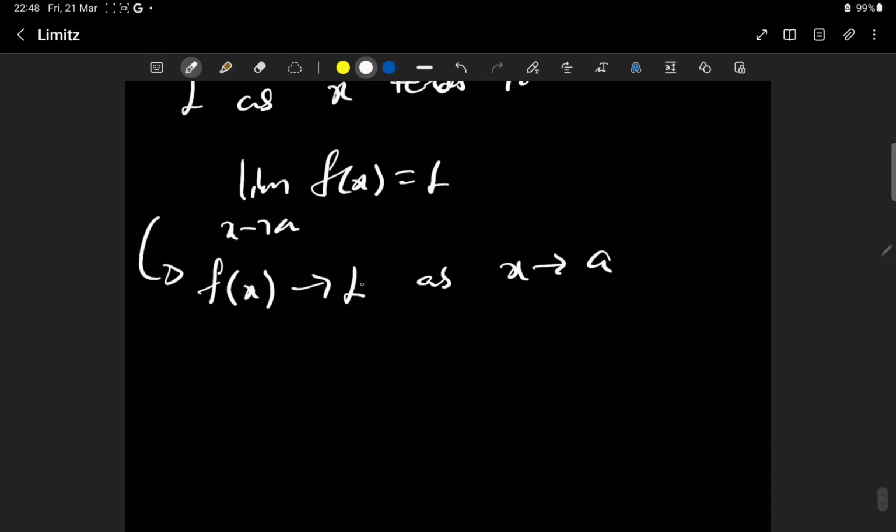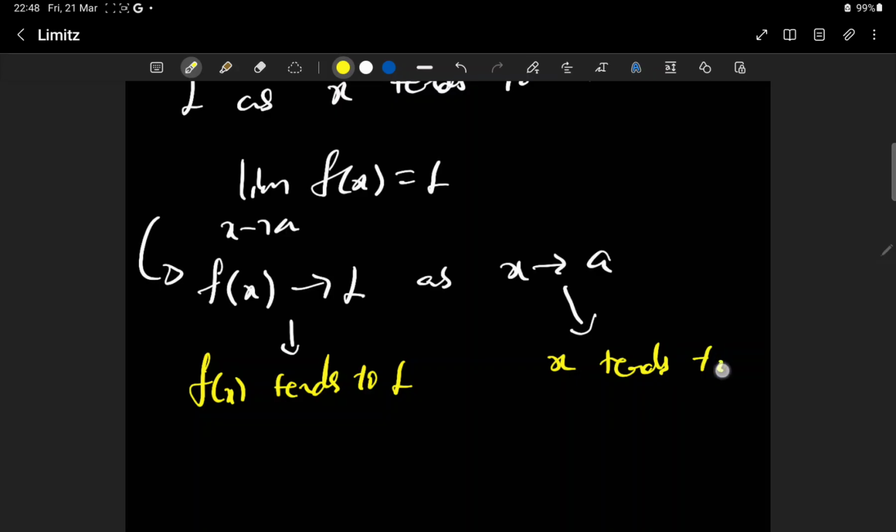So this notation here is, we say that f of x tends to L, and this notation here means x tends to a.